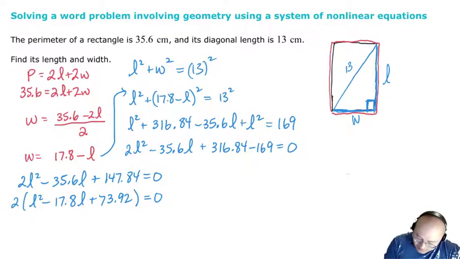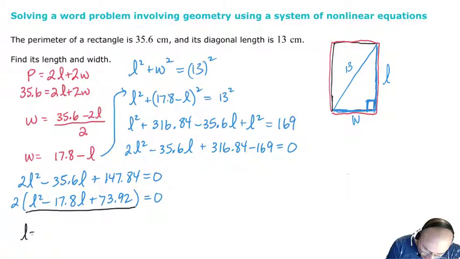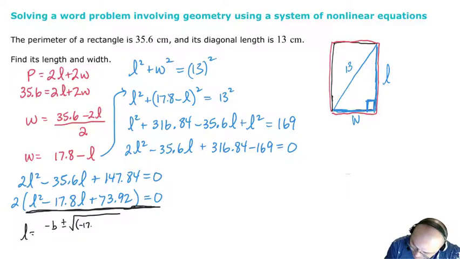Now we're going to apply the quadratic formula to this equation. And remember, what is the quadratic formula? L is equal to the opposite of b, plus or minus the square root of b squared minus 4ac, divided by 2a.